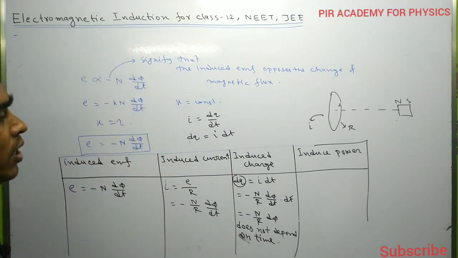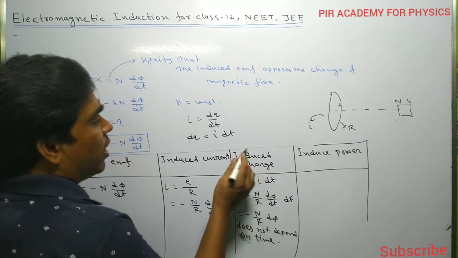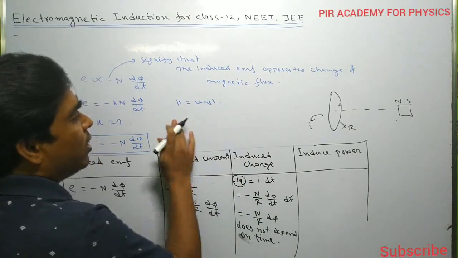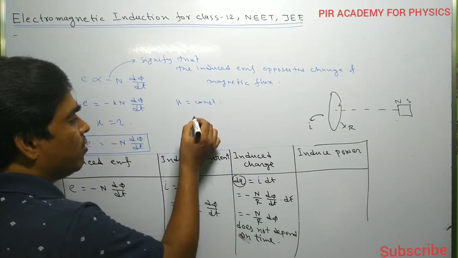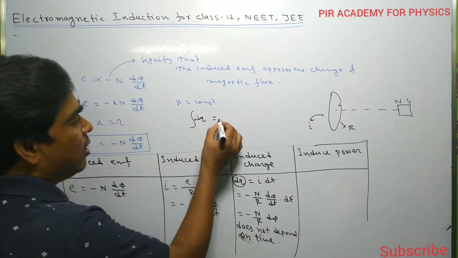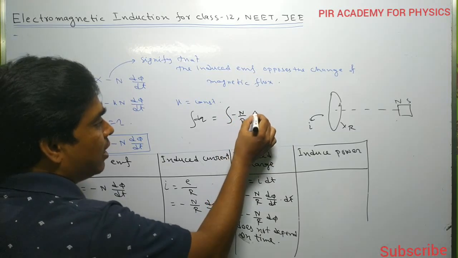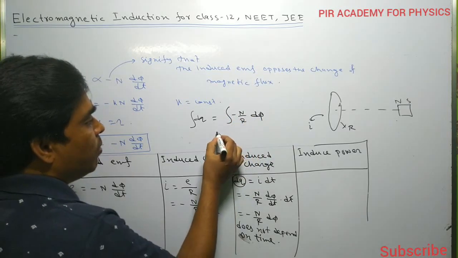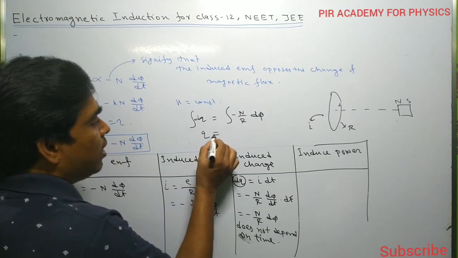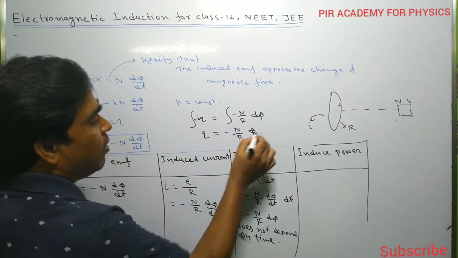And if you calculate the total induced charge, that means the integration of dq, then the integration of minus N by R into d phi, that will be q equals minus N by R phi.